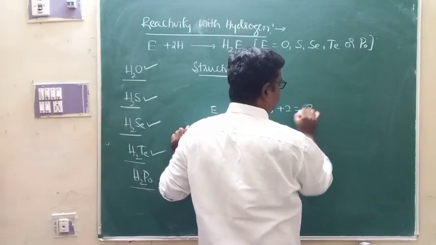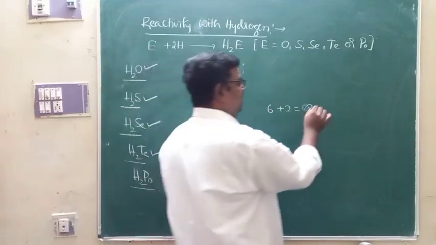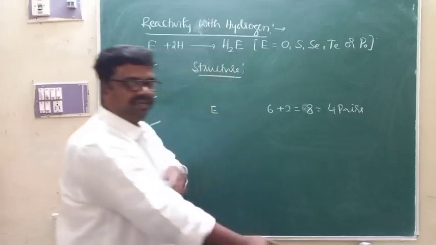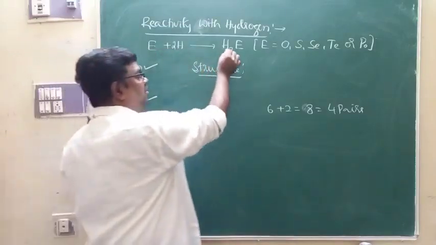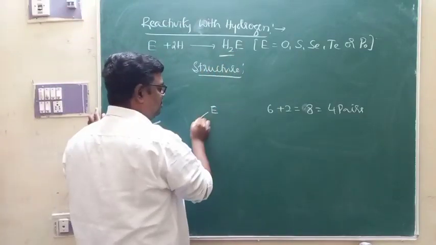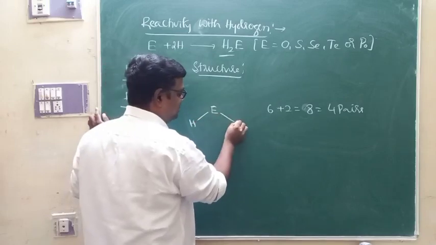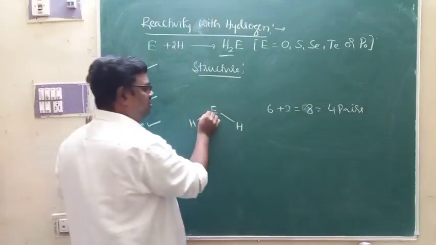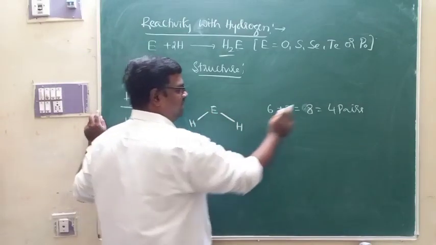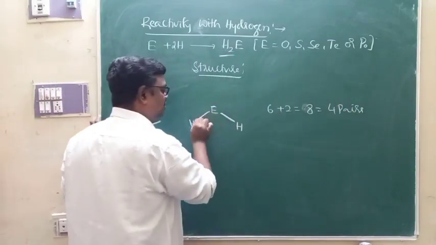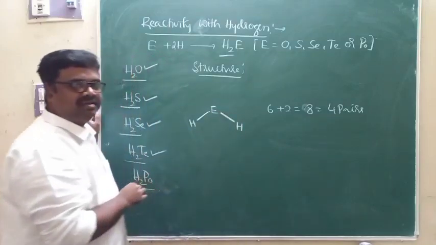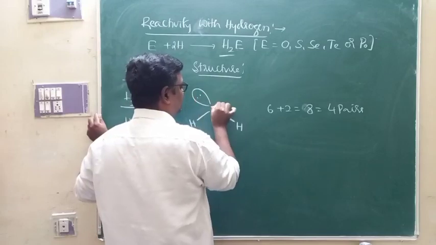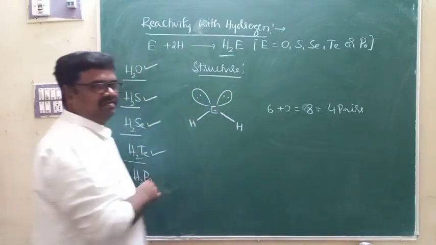Yes, it is, we have 8 electrons. 8 electrons means we have 4 pairs of electrons, right? 8 electrons is 4 pairs. Out of 4 pairs, we have H2, that is 2 hydrogen atoms are attached to the group 16 element, that is through 2 covalent bonds. Therefore out of 4 pairs, 2 pairs are involved in bond pairs. Remaining 2 pairs will be lone pairs.